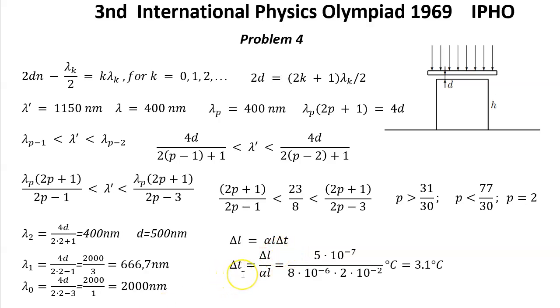So that will be delta L over alpha L, and after putting in numbers we have 3.1 degrees Celsius. That was the full solution for problem number 4.